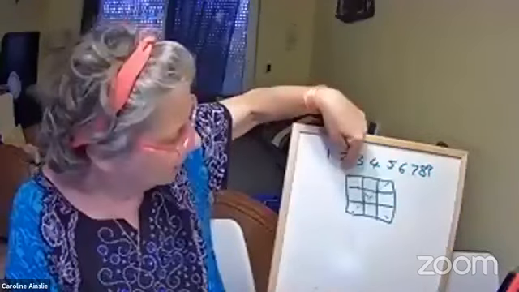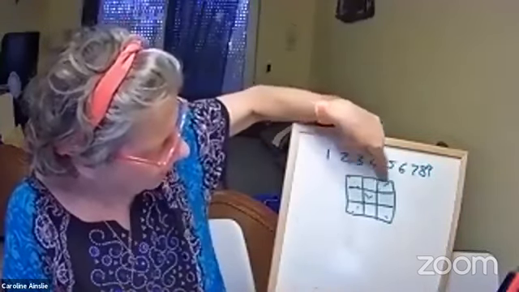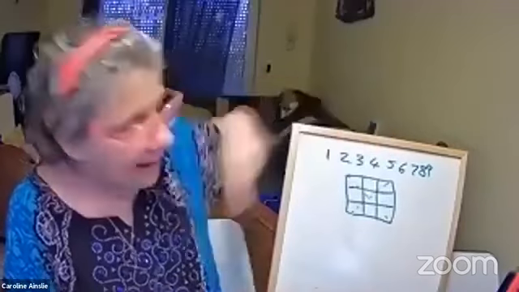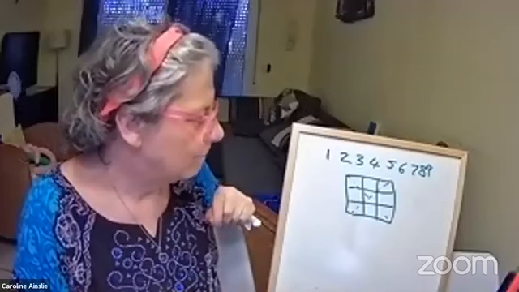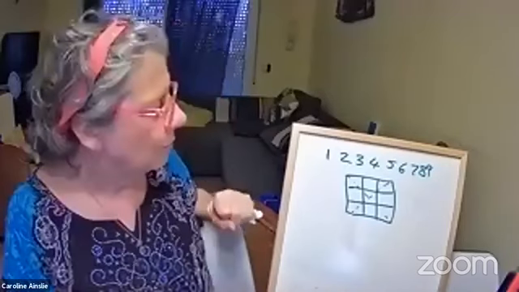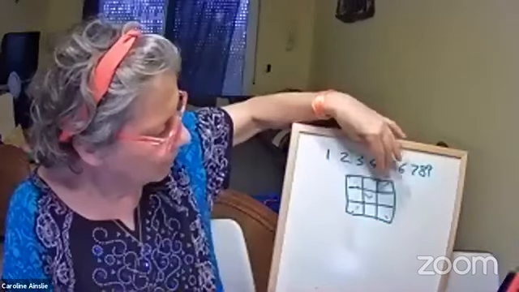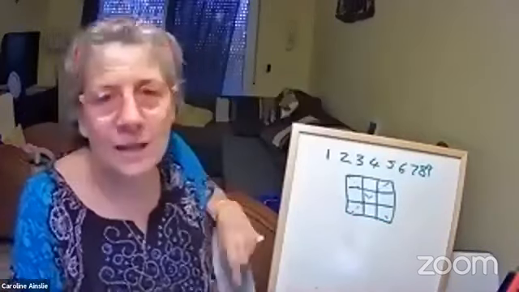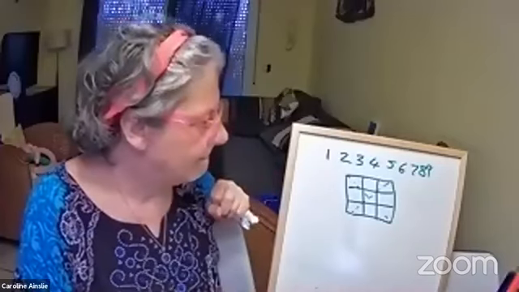You've got the diagonal and the diagonal. So we've got 1, 2, 3, 4, 5, 6, 7, 8 places where the numbers have to add up to the same sum.